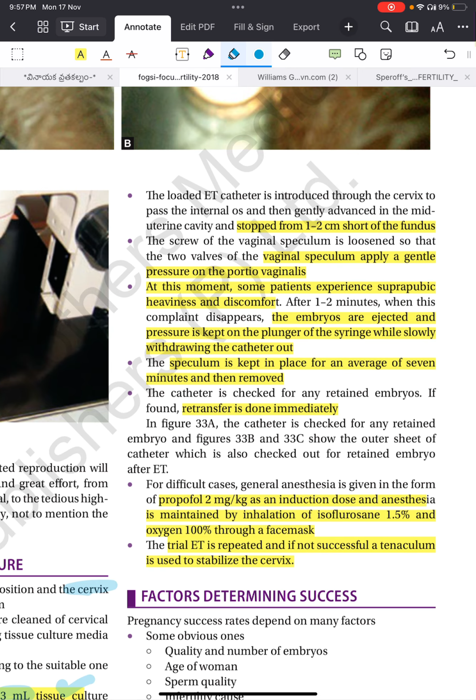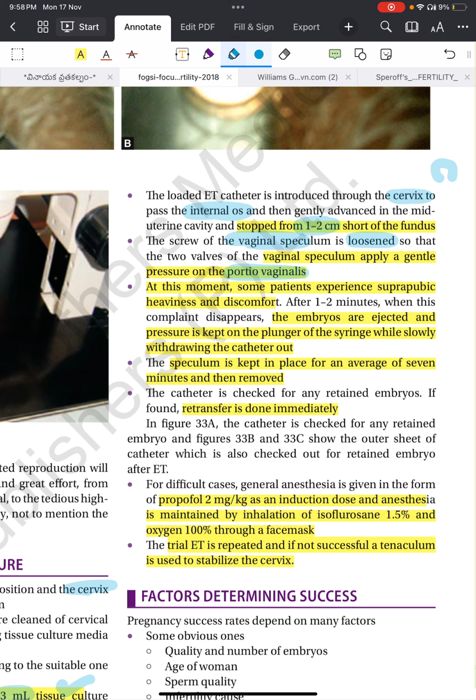The loaded ET catheter is introduced into the cervix, passes through the internal os, and gently advances to the middle uterine cavity. It should be stopped at least 1 to 2 centimeters from the fundus. Then the screw of the vaginal speculum is loosened, and the two valves gently press the posterior vaginal wall, that means the cervico-vaginal junction.